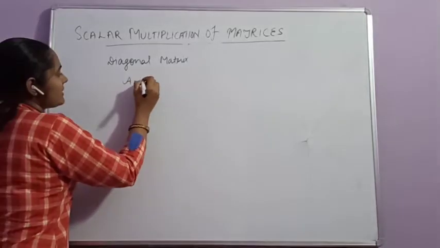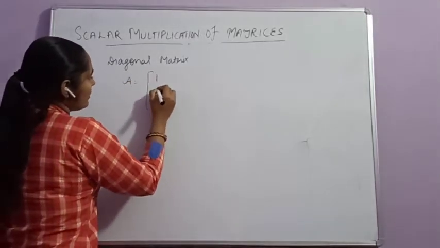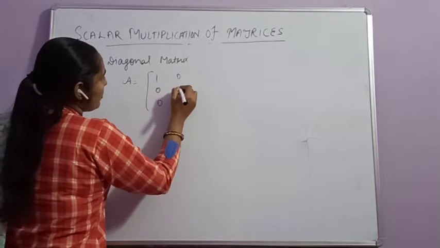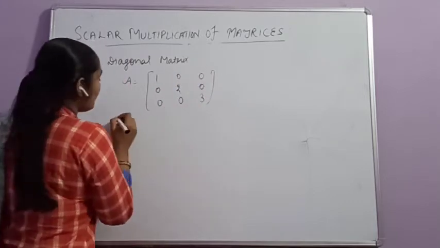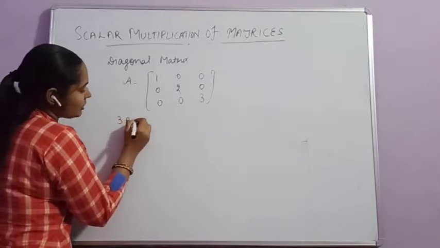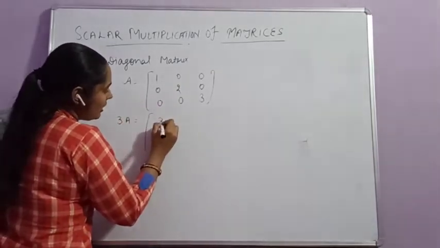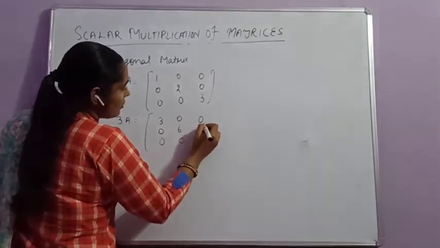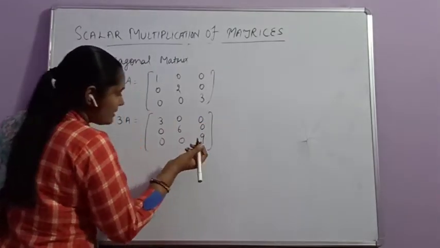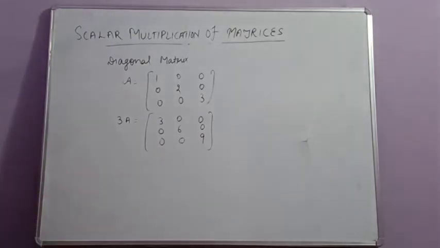For example, A is equal to [1 0 0; 0 2 0; 0 0 3]. If we multiply A by 3, then it will be [3 0 0; 0 6 0; 0 0 9]. It means if we multiply 0 by any scalar, then the resultant will be 0.